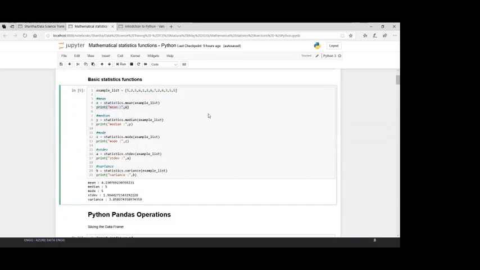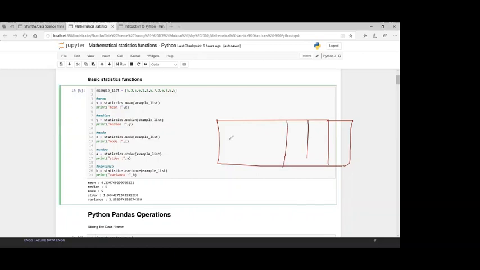For example, if the given data set is going to be like this, with height, weight, blood pressure, and it could be date of birth.